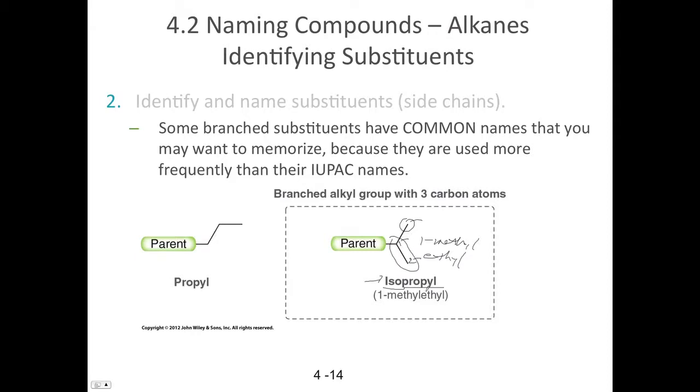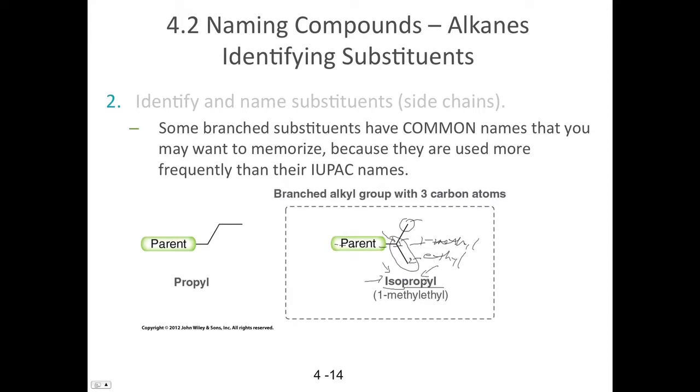So 3 carbons is a propyl or a propane type of a group, right? And it is connected in a carbon that has some symmetry to it. So this has some symmetrical elements to it, and it has 3 carbons here. Okay, so here's the symmetrical thing with the 3 carbons, with the 3-carbon name to it.